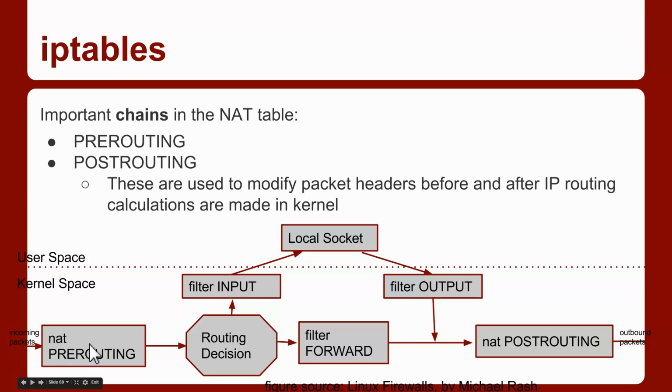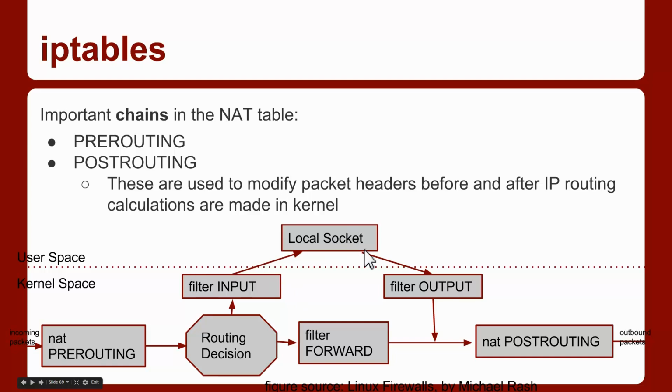The incoming packets would come in, and it would look for any rule matching it in the NAT pre-routing. If there's none, it keeps going. Now, it's a routing decision. Is it input to this system, or are we forwarding it to another system? Say it is input to this system, so we enact any filter input rules there might be, and we provide it to the local socket.